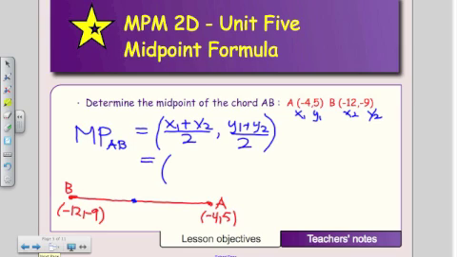So I know that my x values are -4 plus -12 divided by 2. My y values are 5 plus -9 divided by 2.